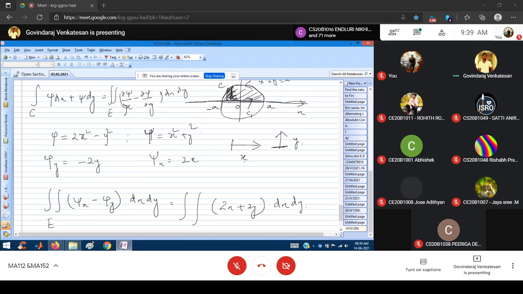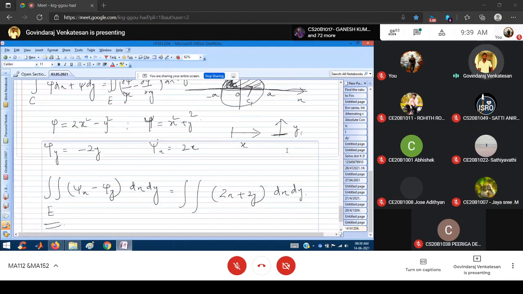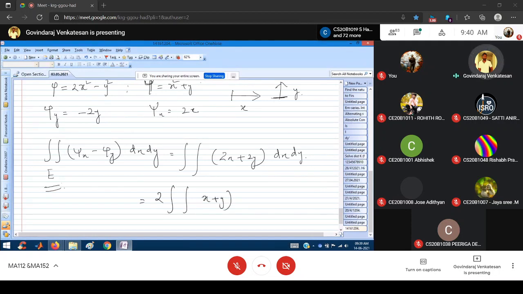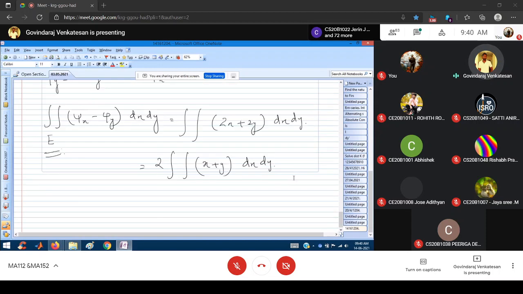Okay. So by using that idea, we can find the values of E. So you can rewrite this as 2 times the double integral of x plus y times dx into dy. Okay. So before going to apply that idea, I am going to convert this into Cartesian coordinates.